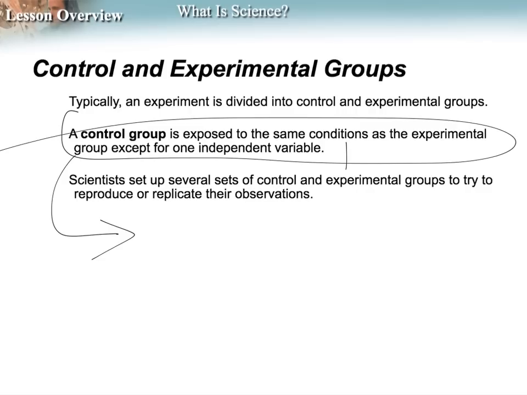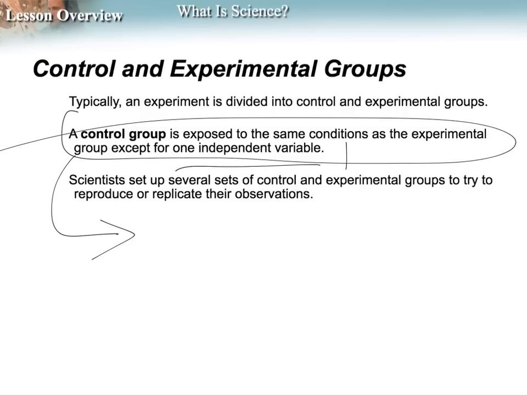So I would want to keep the amount of water that it gets, the seed, how old the seed is, the soil type, the chemicals in the soil, any fertilizer that I use, when do I measure the growth? All those types of things should remain the same for both groups. The only thing I change for the independent variable would be the temperature.